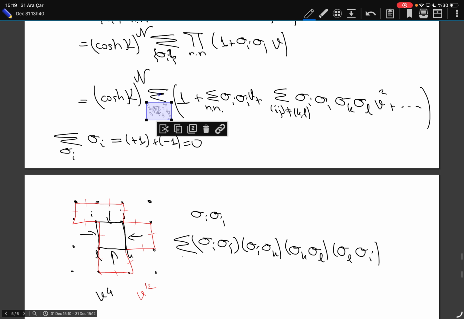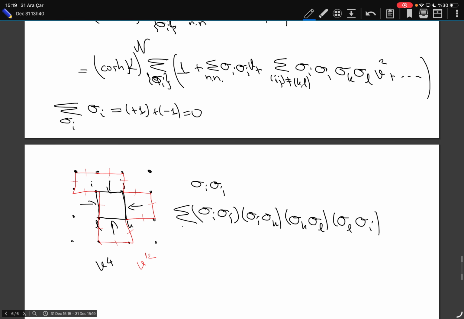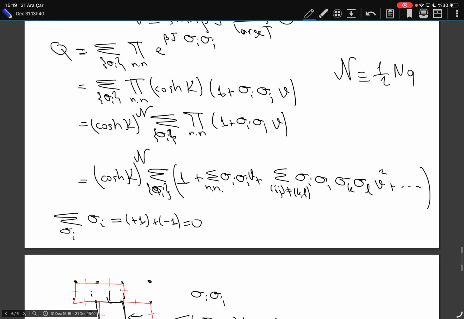That product is 1, whatever the values of sigma i's are. I have 2 to the 4 possible cases of sigma i, sigma j, sigma k, sigma l. Each contribution is 1, so I end up having 2 to the 4. Well, I would probably write this as over 2.